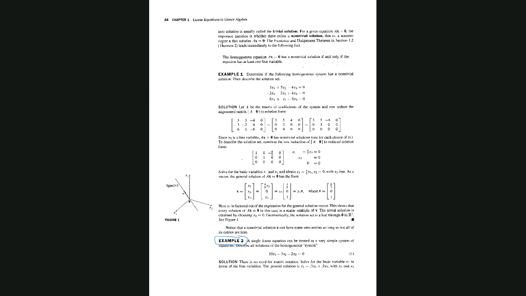The homogeneous system is 10x1 minus 3x2 minus 2x3 equals 0. Well, that's a plane, right? And the plane passes through the origin. But can we understand more than that? And we can.